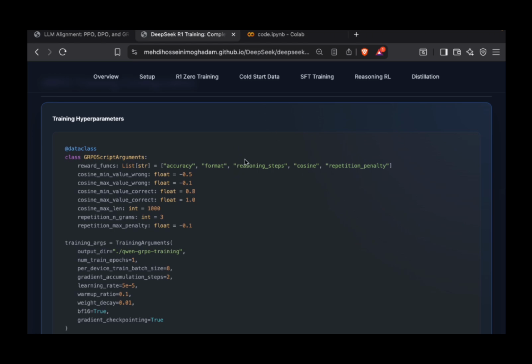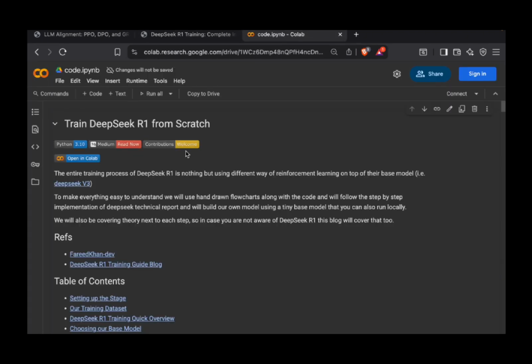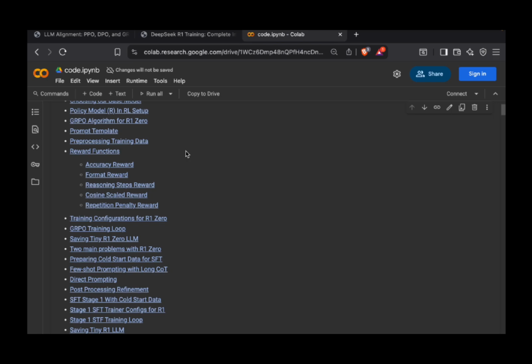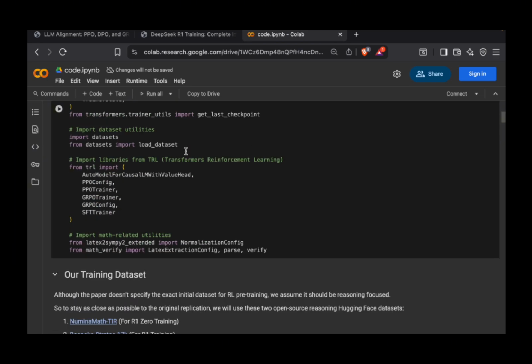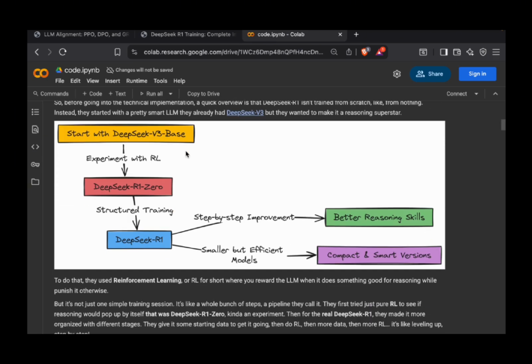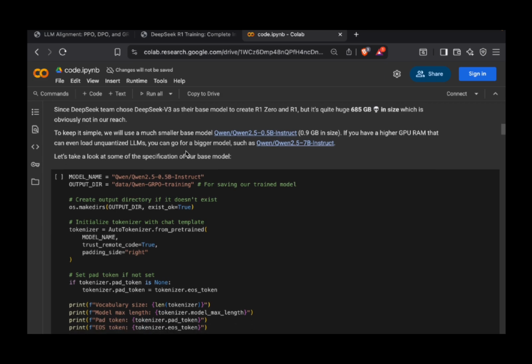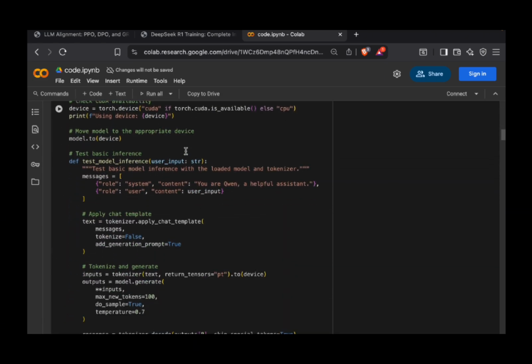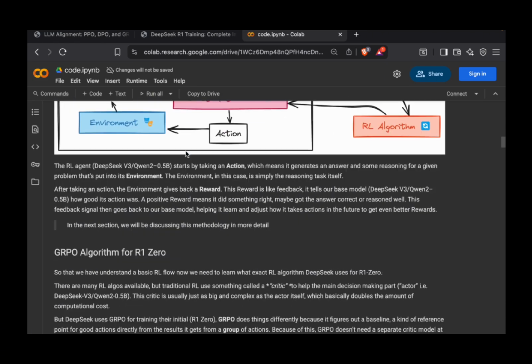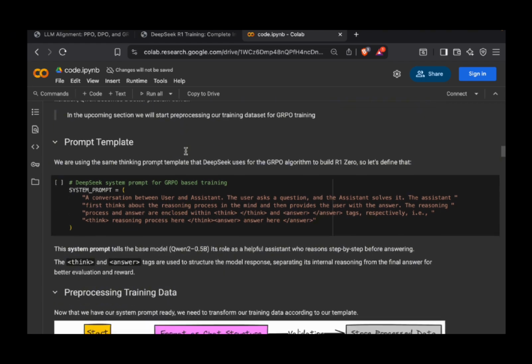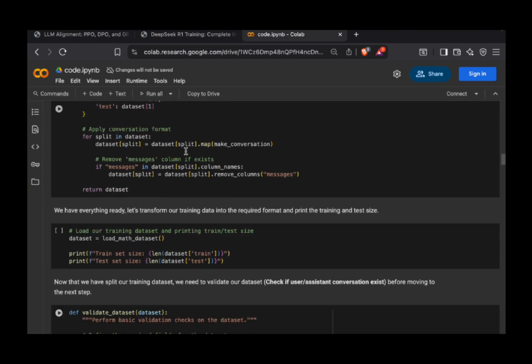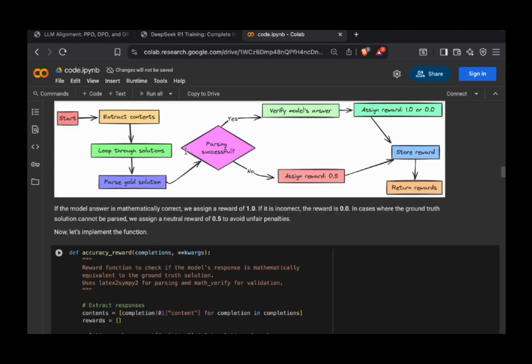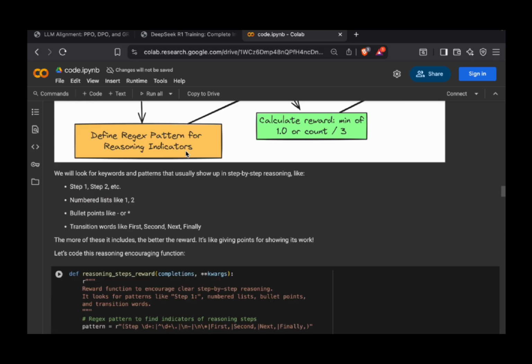So technically, if I want to explain quickly again in the code, this is the code for each of those reward functions. It's not hard at all. It's just turning all those explanations into code.